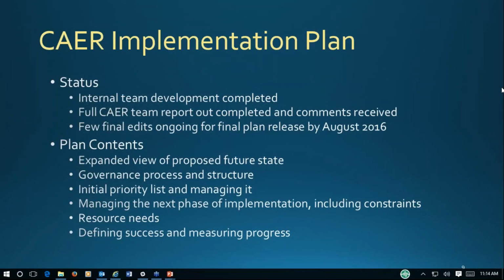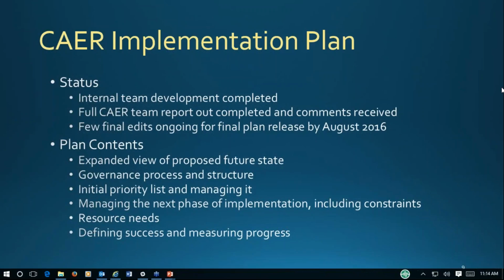We've completed the work, and we've reported back to the full CARE team. We plan to share the report itself with everyone by August, i.e. next month. The implementation plan itself is effectively our roadmap for moving forward.